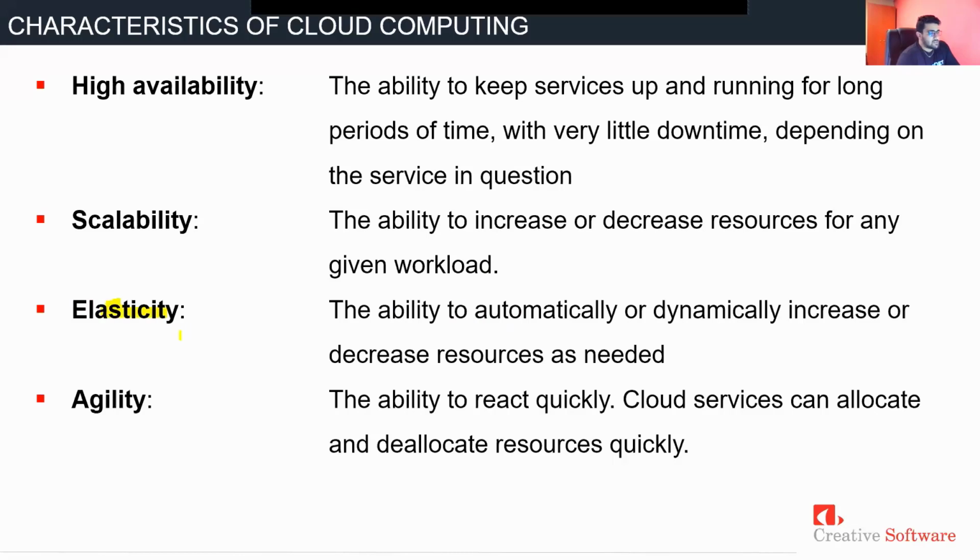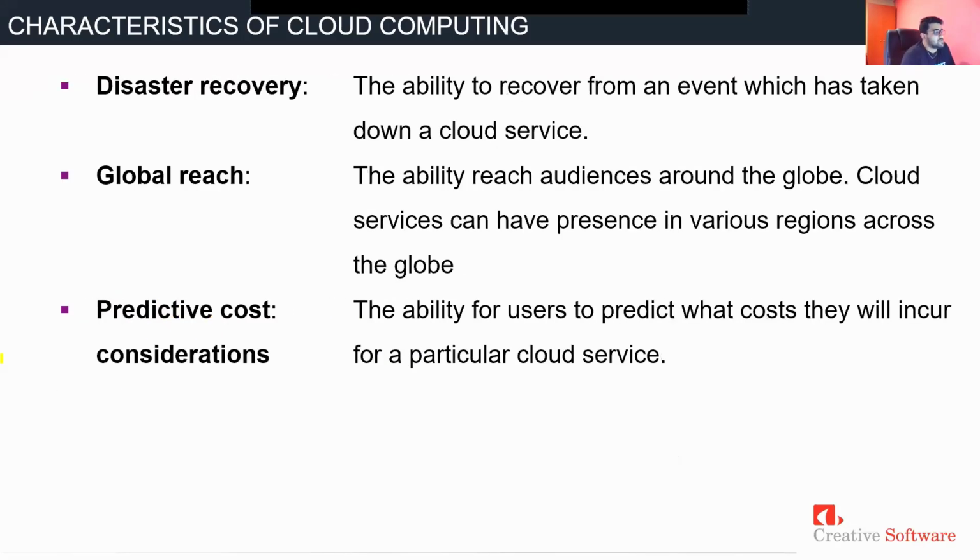Then the agility. As I mentioned previously, you can easily allocate and deallocate resources when you want and when you don't want. That is what I mean by agility. Then disaster recovery. Let's say a disaster happened in your on-premise server area. Then your whole data will be lost, right?